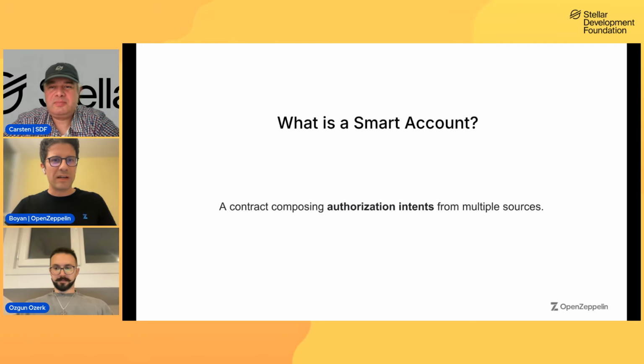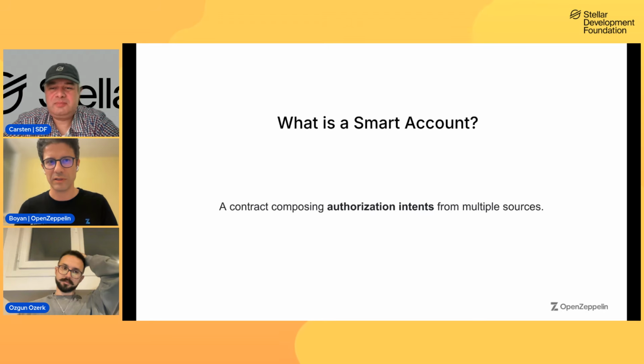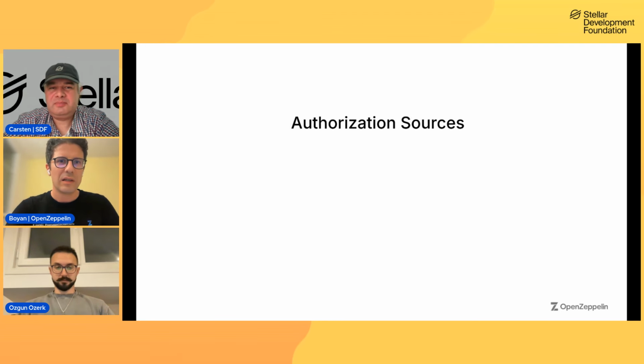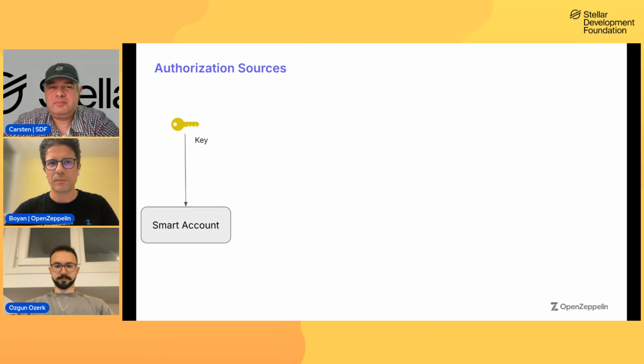Now let's try to define what a smart account is. This is a smart contract first and foremost that composes authorization intents that are coming from multiple sources. And this high-level definition will guide us through all the components of our framework. With this in mind, let's first see what the authorization sources could be.